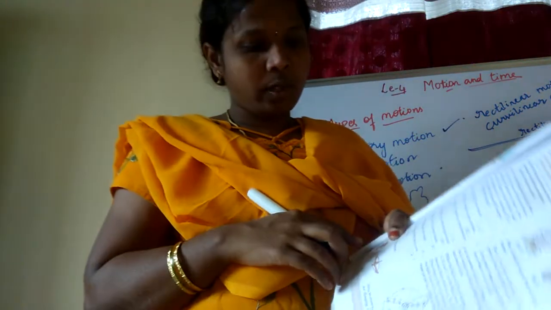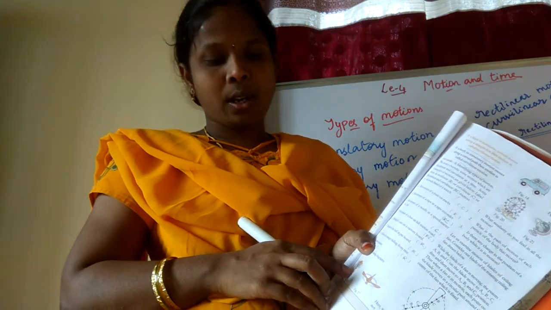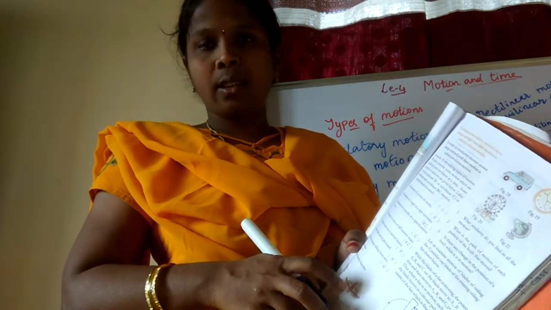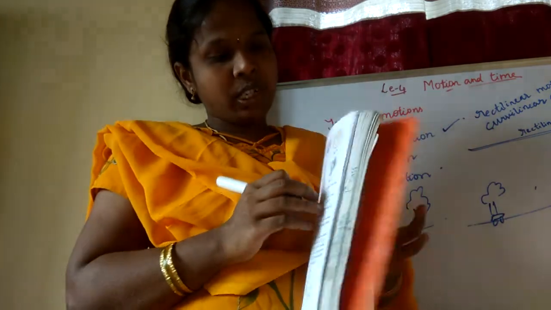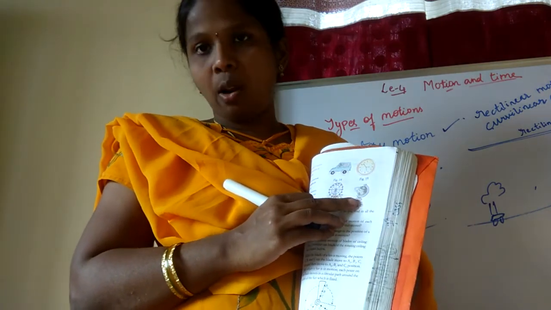And also, coming to the next, if you observe the figures, these figures are there, no? This is a wheel, a toy top, how it is rotating, and the ceiling fan, the moving car, clock, drill, globe.